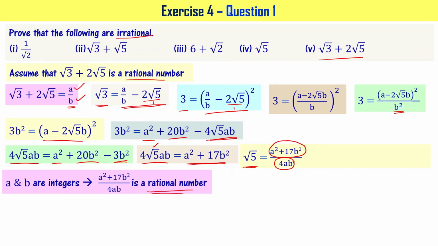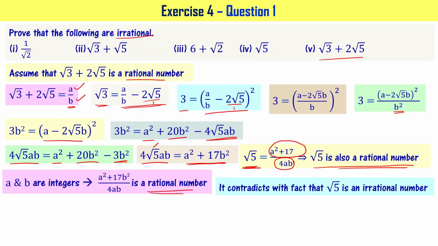As per this, since it is equal to square root of 5, it implies that square root of 5 is also a rational number. But we already learned that square root of 5 is an irrational number, right? Whatever the statement we got here, that is square root of 5 is also a rational number, that is contradicting with the fact that square root of 5 is an irrational number.